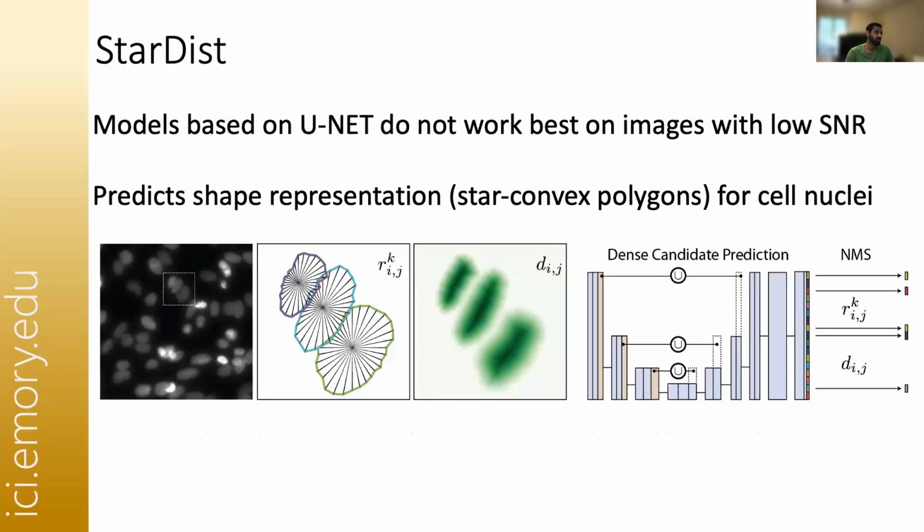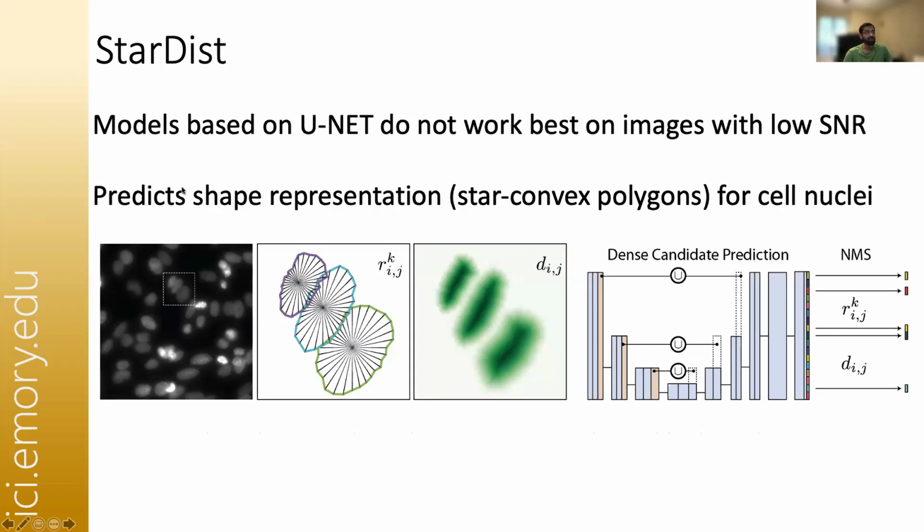So moving on to StarDist. StarDist is a model which is based on UNet. The paper says it does not work best on images with low signal to noise ratio. I haven't had a terrible image, I guess. Pretty much most of the images that I have tried, the StarDist model has worked pretty well.